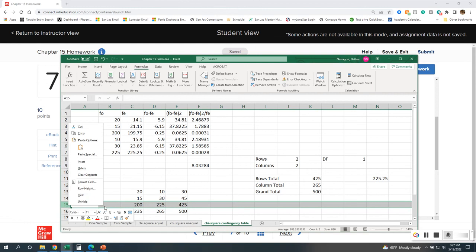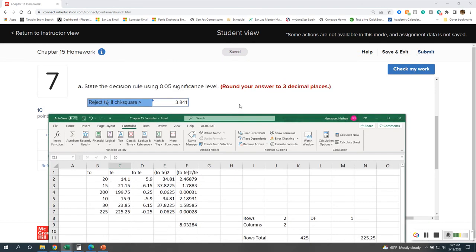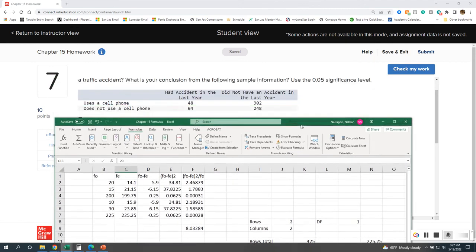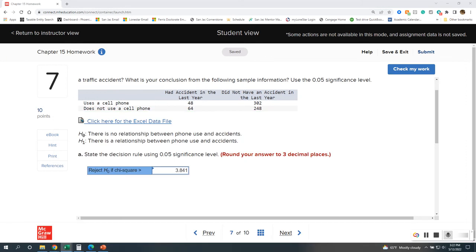So 1, we're going to delete that row because that row does not work for us. We're going to put in the numbers that we have because I need to see how it works. So we have 48, 64. And then we have 302 and 248.